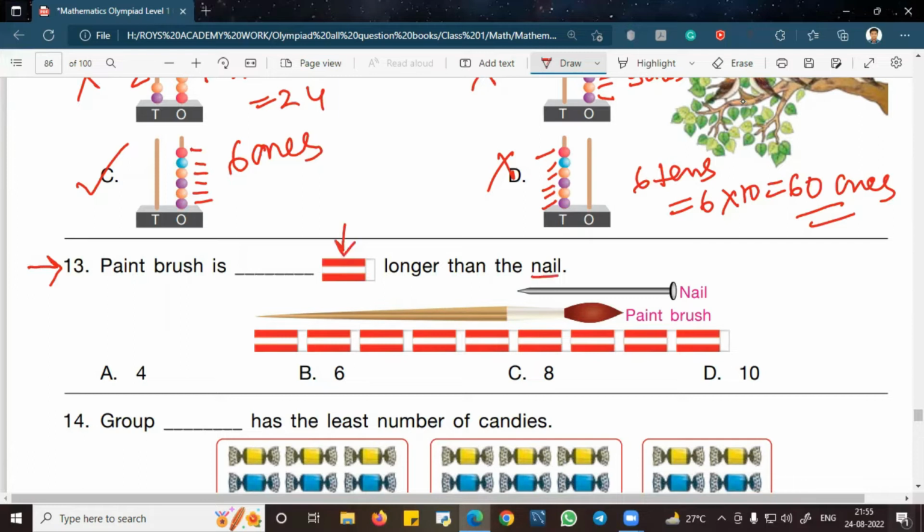So at first, if we want to know how much longer the paintbrush is, we want to measure how many erasers are needed to measure the length of the paintbrush.